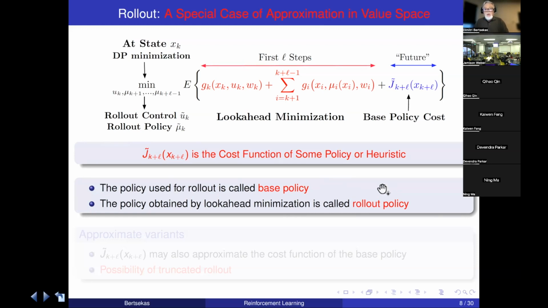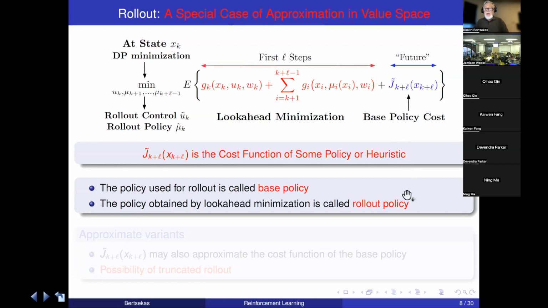And we're going to look at the various interpretations here. Of course, we have already gone through the Newton step interpretation, that the cost function of the rollout policy is a result of a Newton step, starting from the cost function of the base policy, which is the J tilde function.